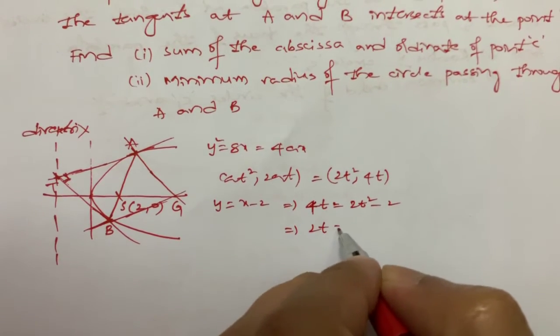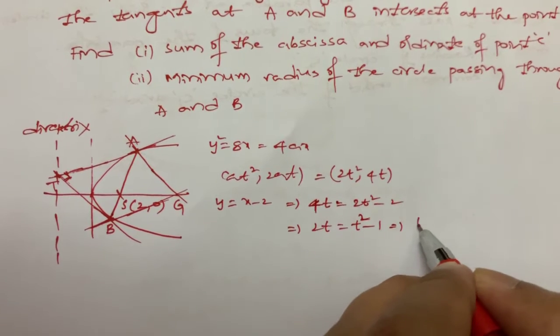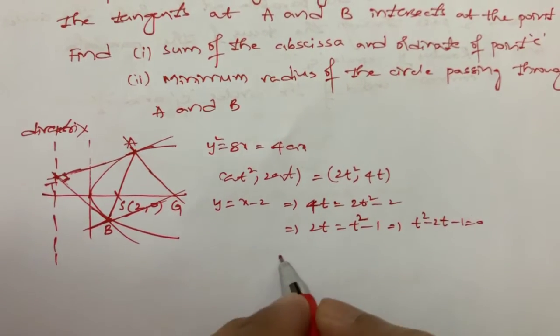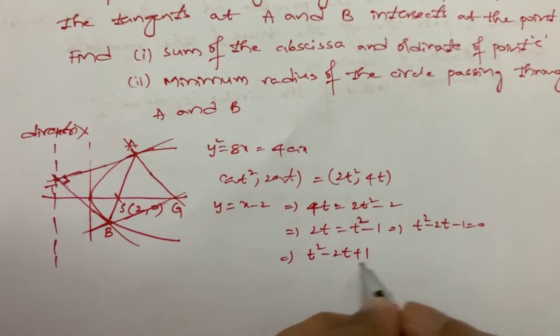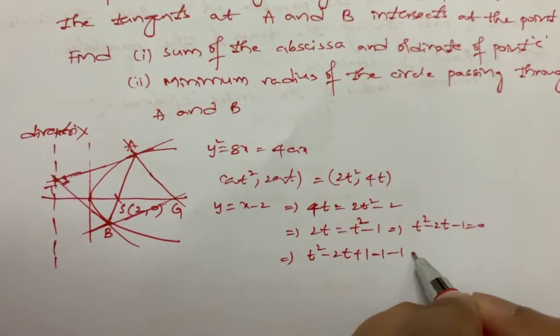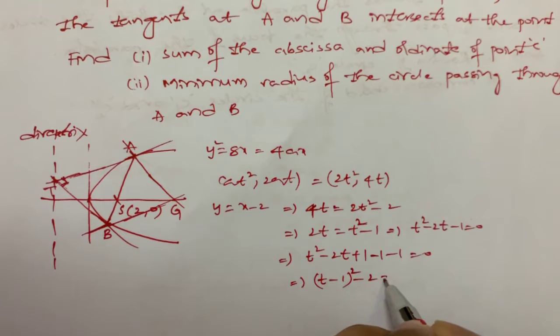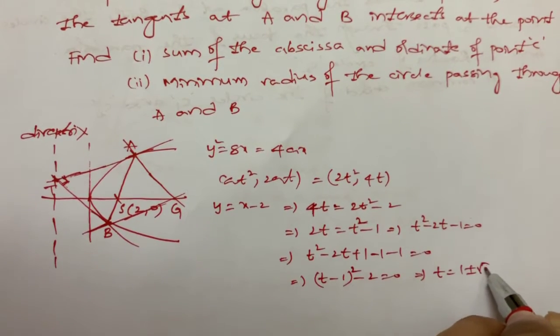So 2t = t² - 1, so t² - 2t - 1 = 0 after rearrangement. If I make this a perfect square, we'll add 1 and subtract 1: (t - 1)² - 2 = 0. So t = 1 ± √2.